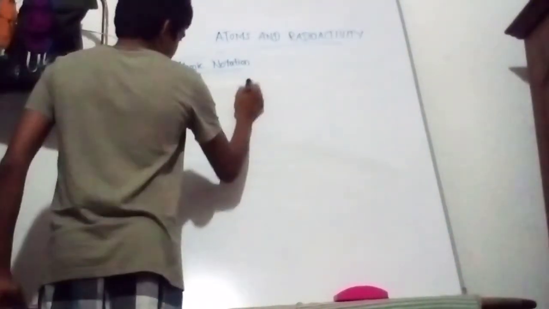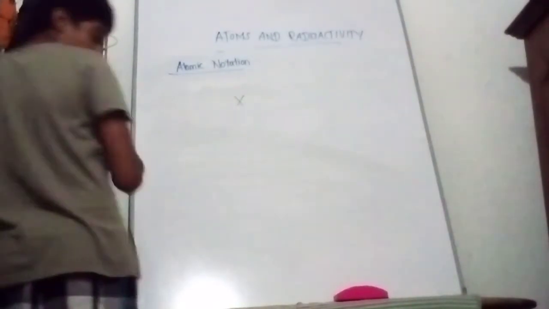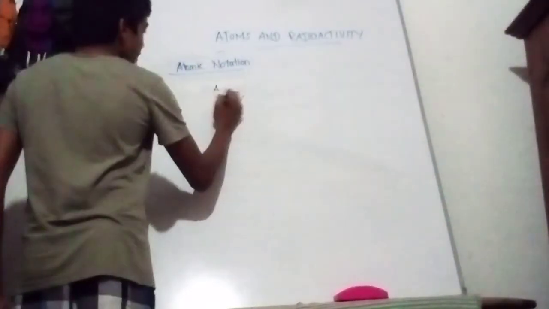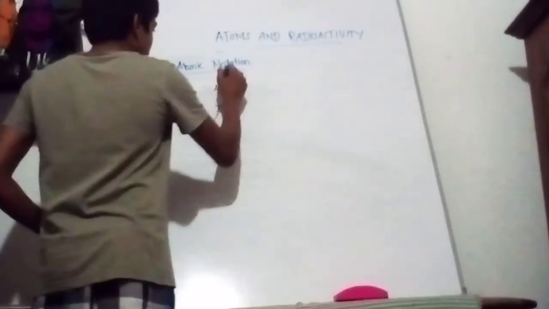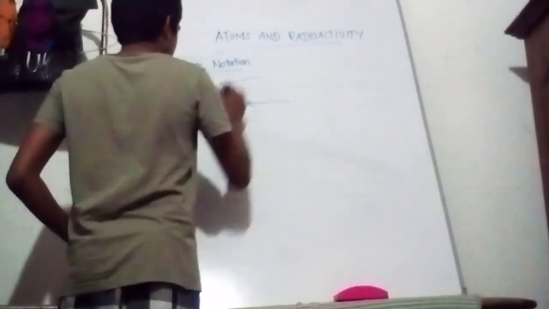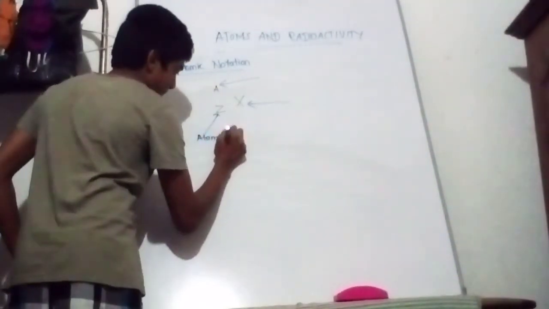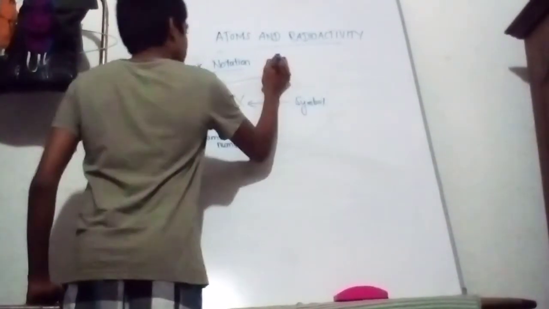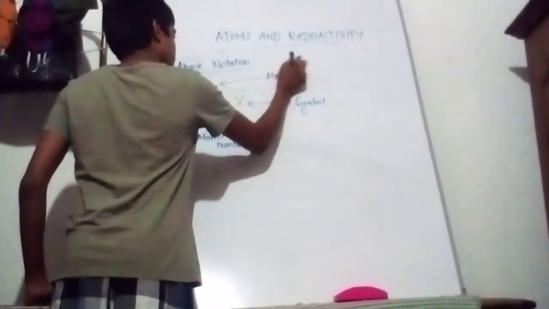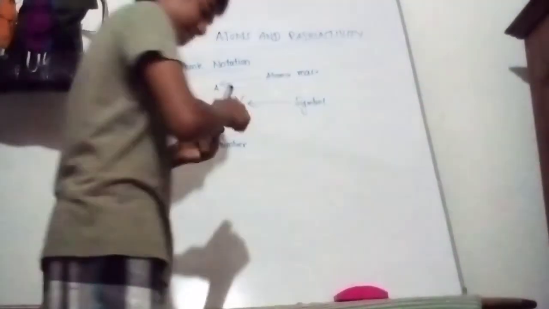The symbol is given the letter X. The mass number is given the letter A, and Z is the atomic number. I'll label it for you. This is the atomic number. This is the symbol, and this is the atomic mass of this particular element.